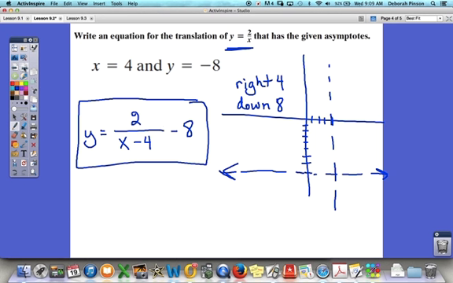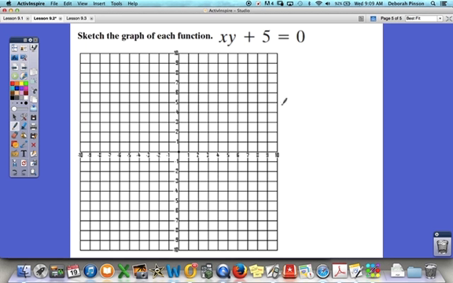Okay, and then here's the last one we're going to look at. And I want us to graph this, but before we're ready to graph, we need to get it in the form, we need to get it in y equals something. So I'm going to go through and I'm going to solve for the y right there. So I'll move the 5 over, and then I'll divide by the x, get that y by itself.